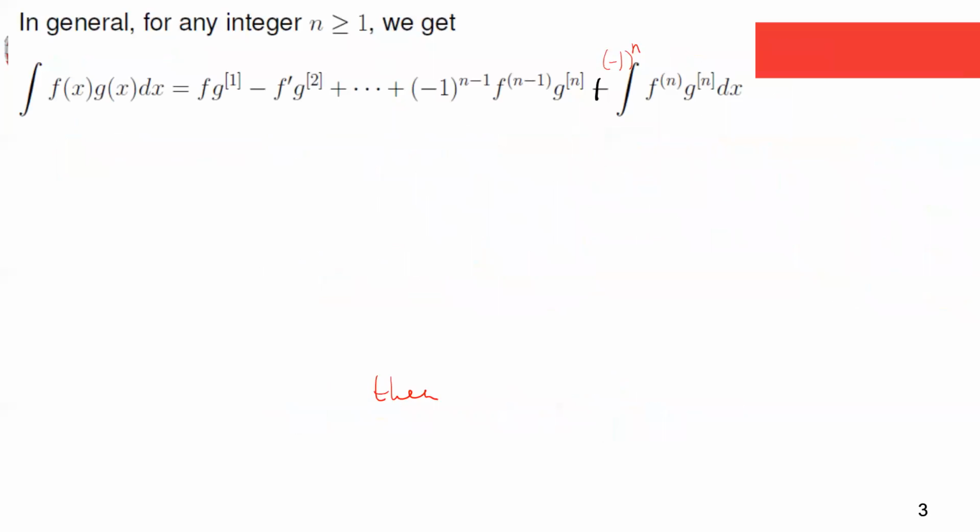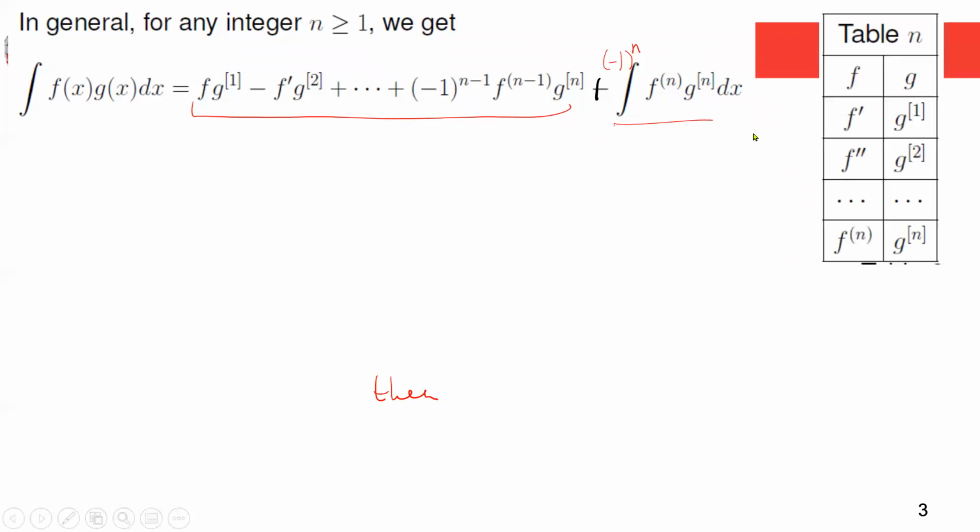If we apply this formula n times, we will get a combination of n plus 1 terms. And those n terms can be easily formed using this table. We typically create this table first, with f and g being the first row, and then we take the derivative of f n times.